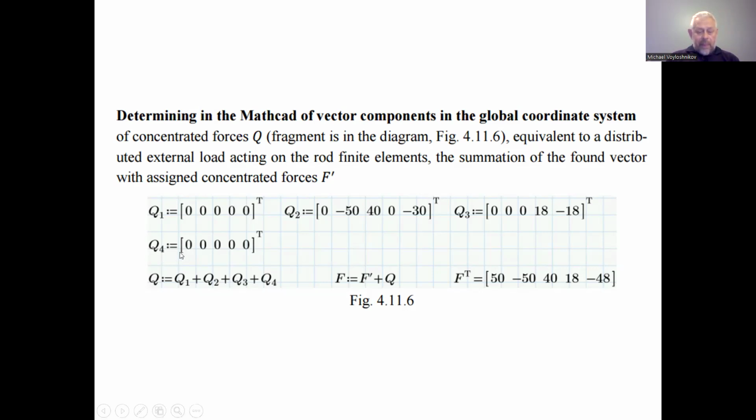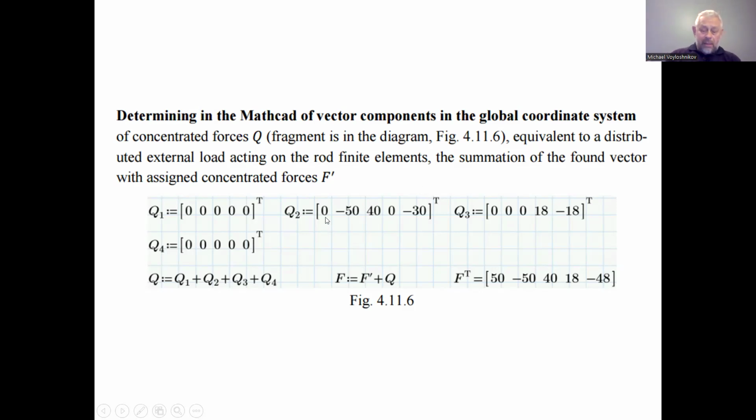The stand number 4 in the mechanical system, hinged by both ends and not experiencing the distributed load, has no impact on the forces acting on the movable nodes of the discrete model in the directions of the displacements of the nodes subject to find.